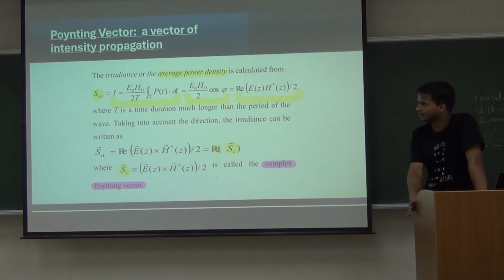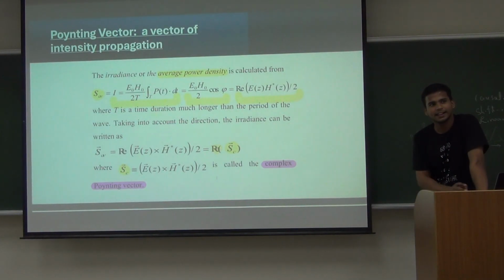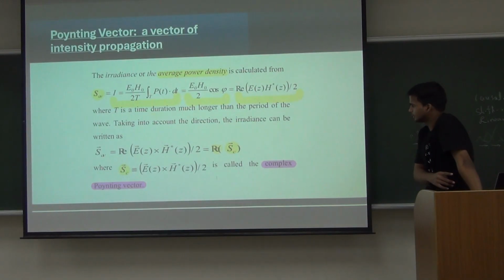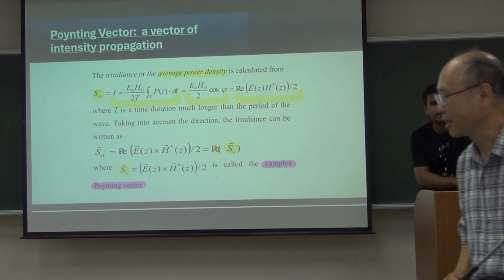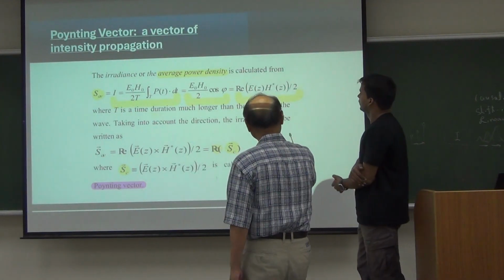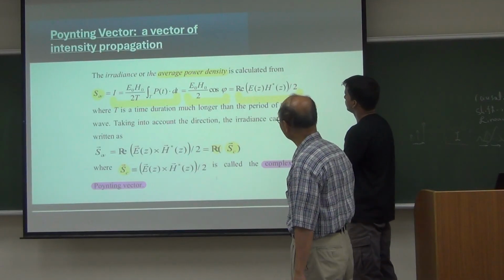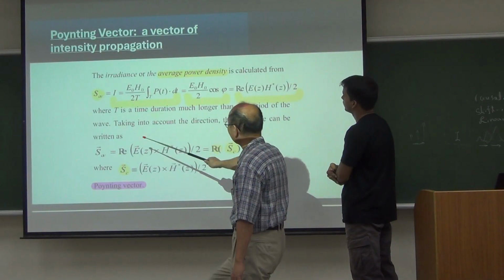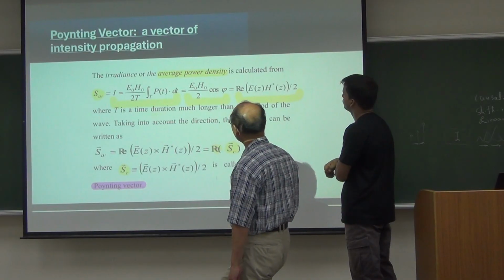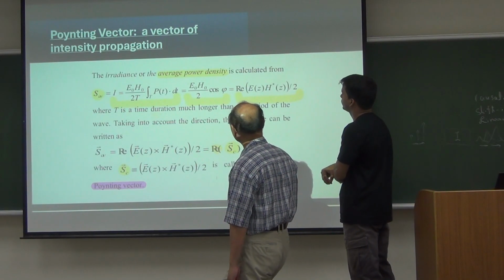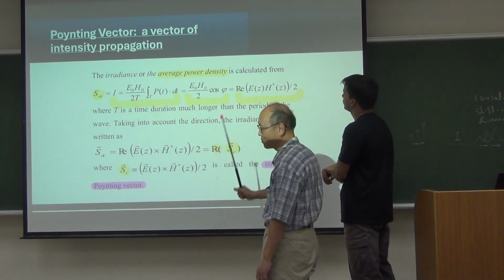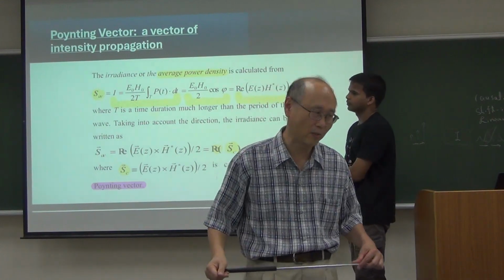So this is the net consumption of the power over all the time. When you write it down like this, it's just a mathematical convenience for you to calculate the average Poynting vector or average intensity. You can just adopt this formula, and the calculation can be very simple.